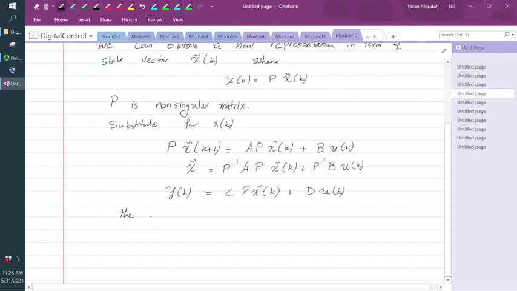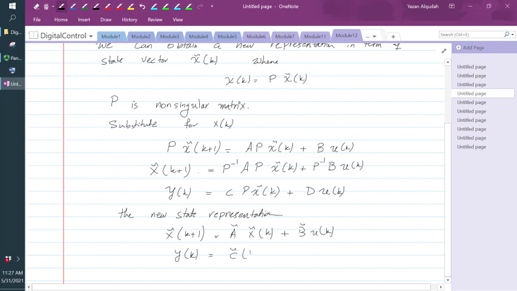This is x tilde of k plus 1 equal to A tilde multiplied by x tilde of k plus B tilde multiplied by u of k, and then y of k equal to C tilde multiplied by x tilde of k plus D multiplied by u of k.